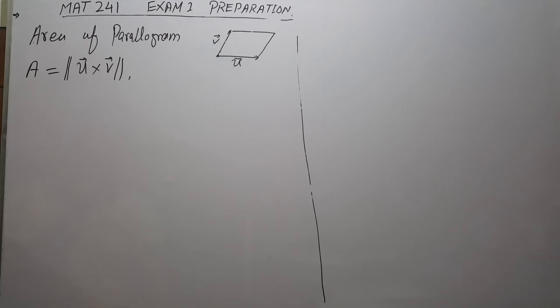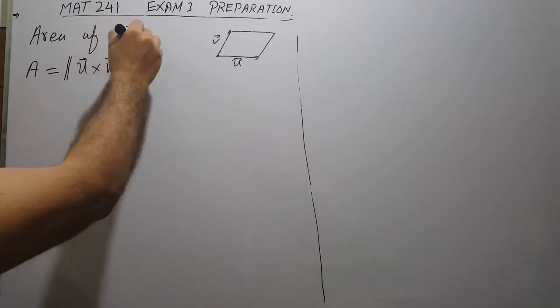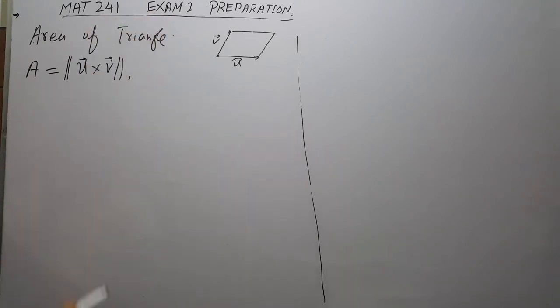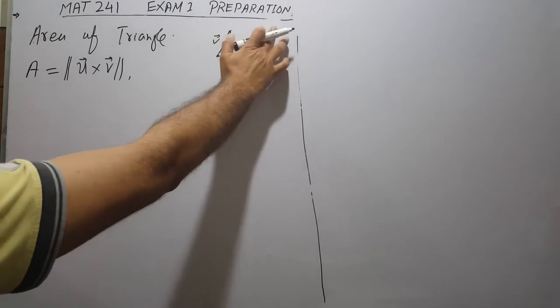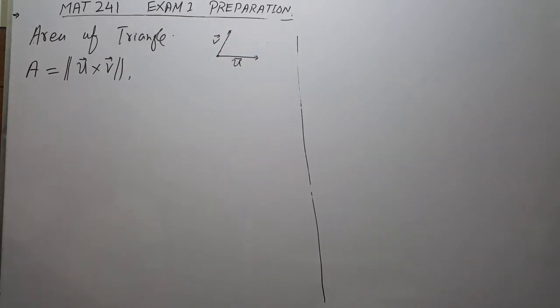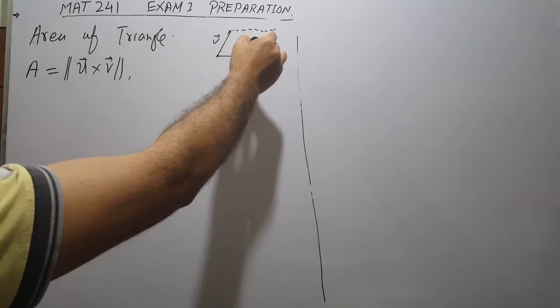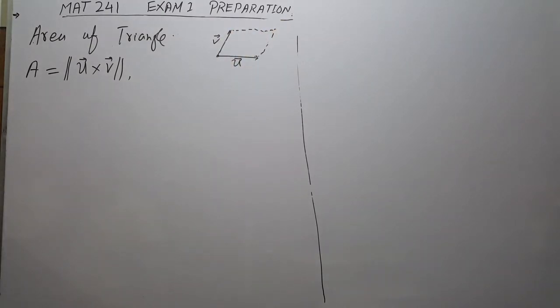So now they can ask you to find out the area of a triangle. You're given one vector u and the other v, and they're asking you to find out the area of a triangle. So there is no such formula that we can use. What we have to do is draw a parallelogram.